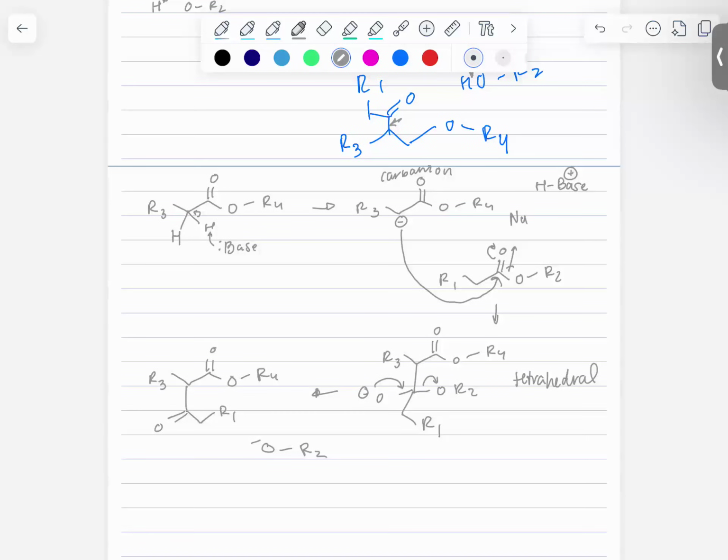What's our last step here? Is our base catalytic or one use only? Catalytic. So we have to restore it. And how can we do that?